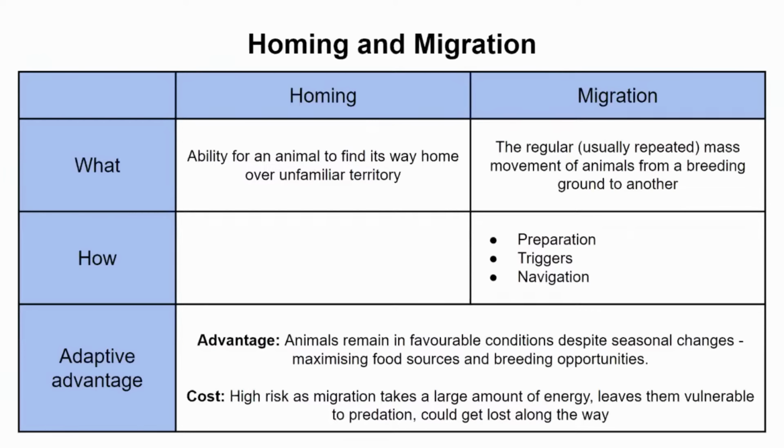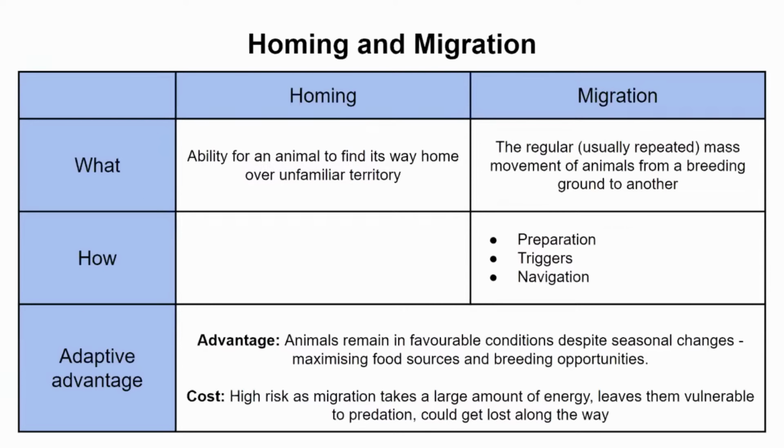So often it's an element of an internal biological clock, but also environmental cues. More often than not, the cues that we're going to be looking at would be around day length. Temperature would be one that you think would be a good trigger, particularly because migration is often seasonal. But temperature is notoriously unreliable.